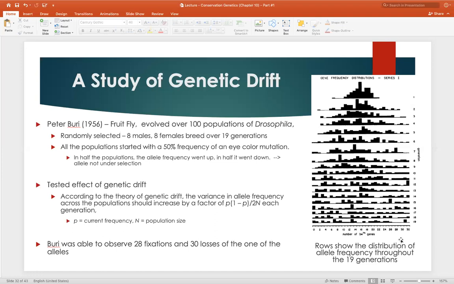And what I mean by that is the N, the total population size, if you will, was noted at 16. But if we actually take a look at the breeding populations in each one of those generations, it was noted that on average, it was 19.2 individuals that were part of the effective population. So those contributing to the gene pool from one generation to another.